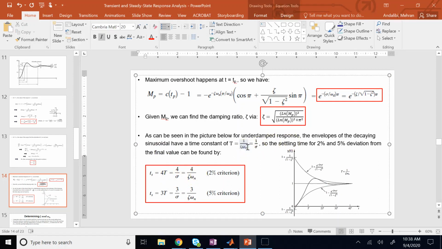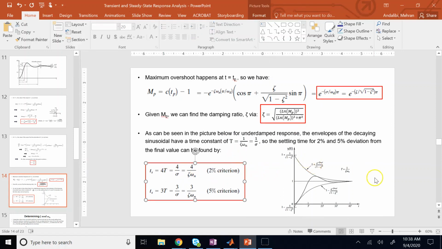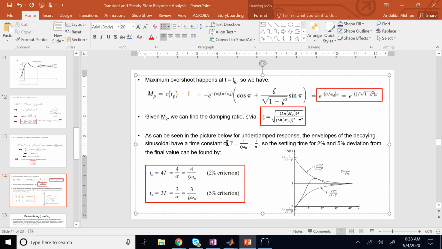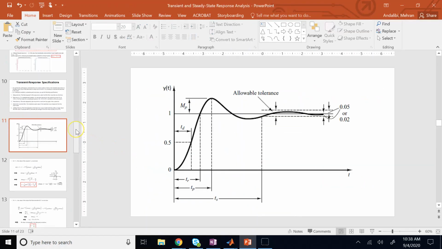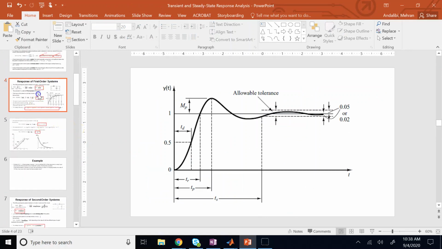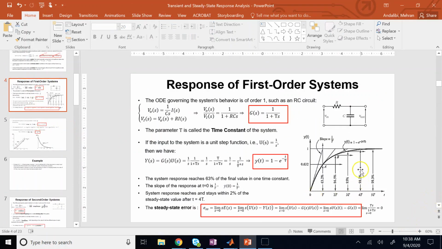In a second order system, the time constant, if you define one for this system, is 1 over sigma. Four times the time constant, you will reach 98%. So we are making the second order system similar to a first order system. If you remember, in a first order system, it took 4 time constants to reach within what? Less than 2% error of the final value.